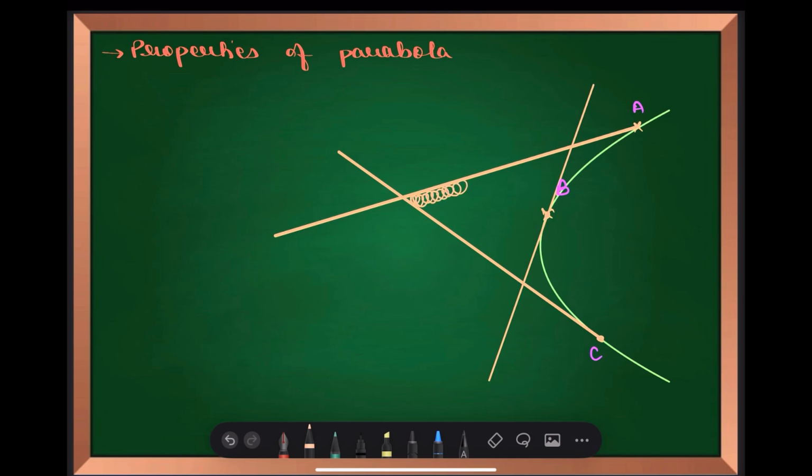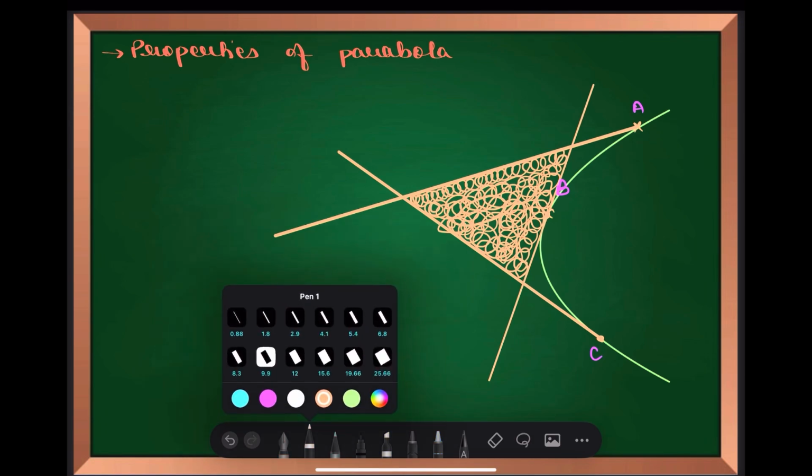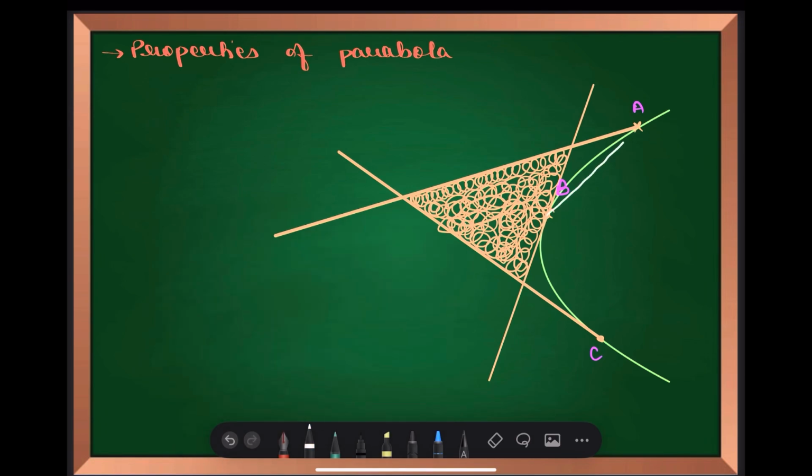The triangle formed by those tangents is the outer triangle, and then you will have a triangle inside the parabola. So we have two triangles, the outside triangle and the inside triangle.